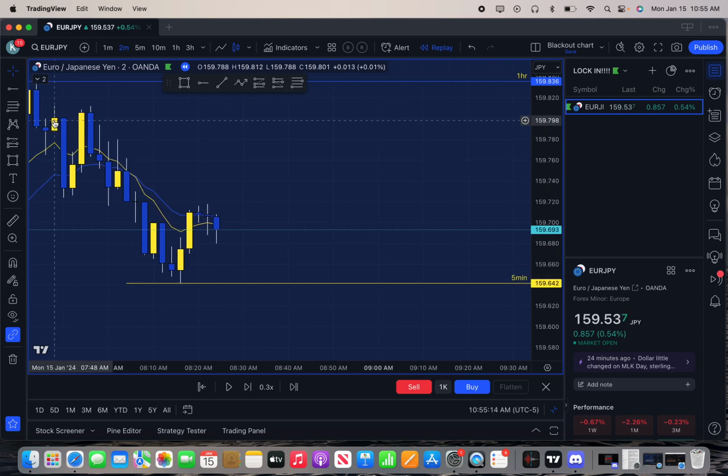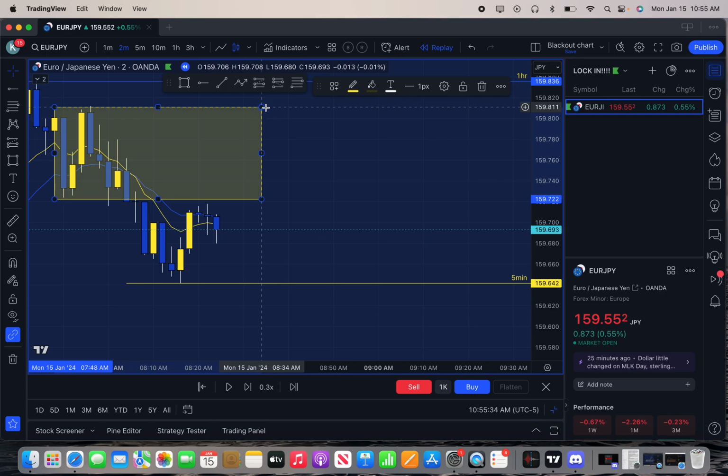The last bit of structure to me would be this low right here, or you could have picked this low. Either one, they come out to be basically the same thing. But we're going to go ahead and pick this low. So I see this low here, then price broke and continued its push. So that means this is a high probability zone from here to here on the 2 minute.